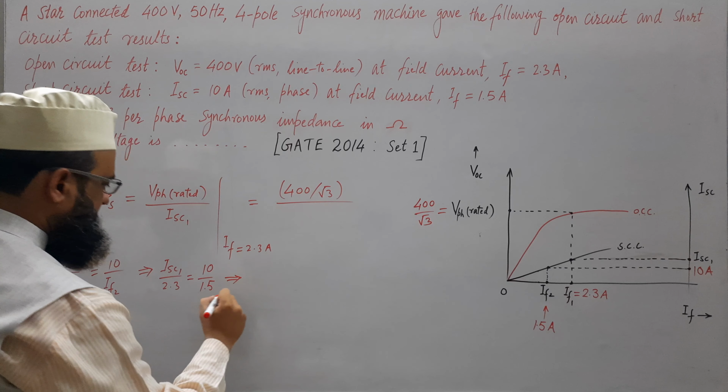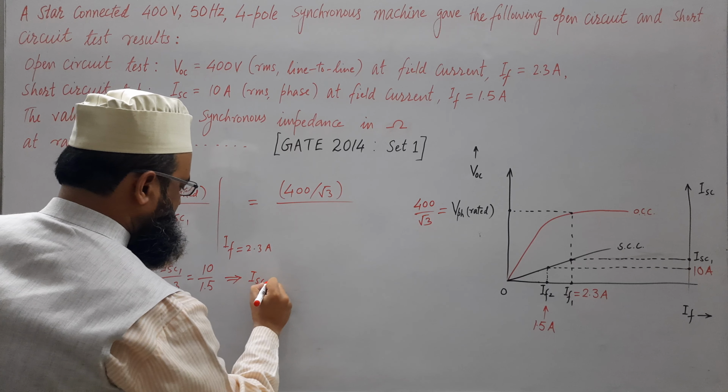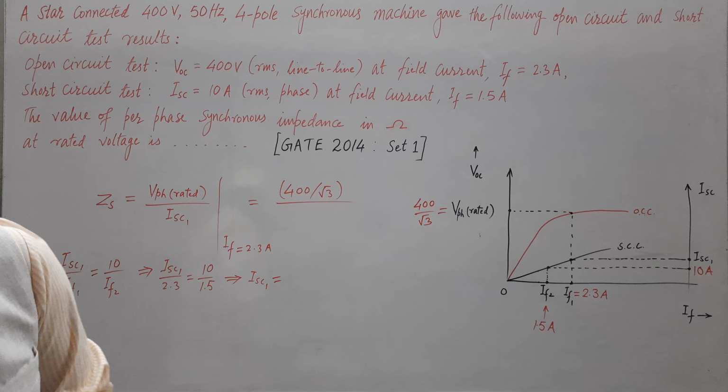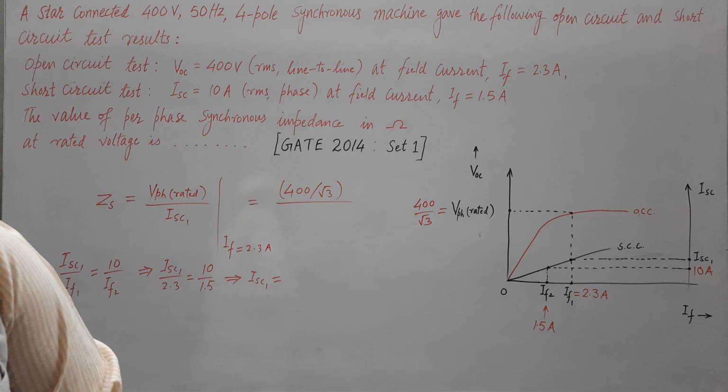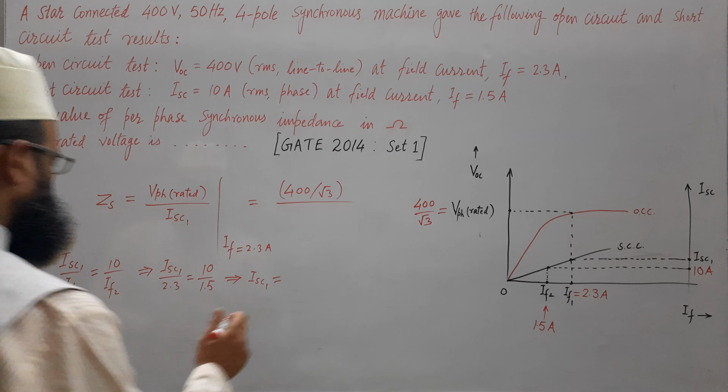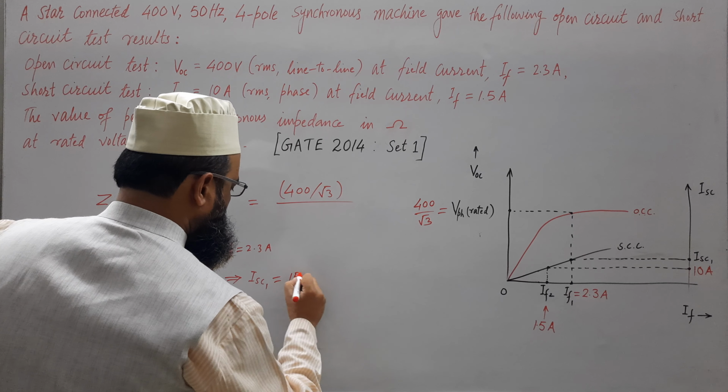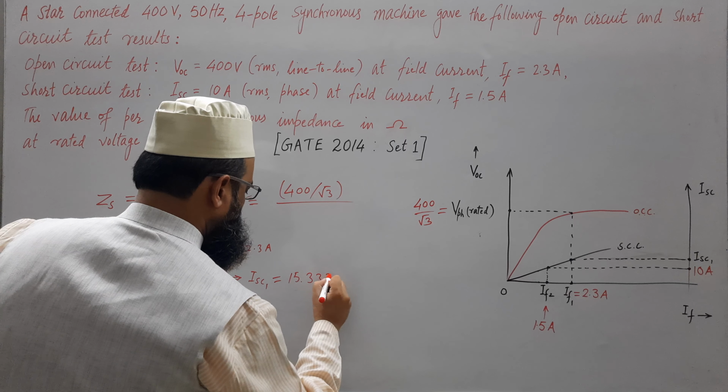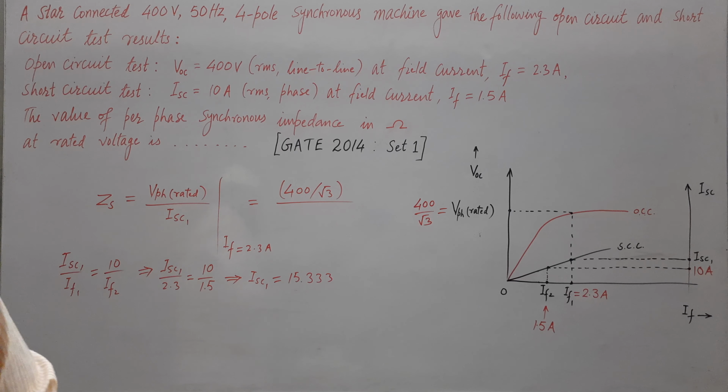This implies ISC1 is coming out to be 15.333 ampere.